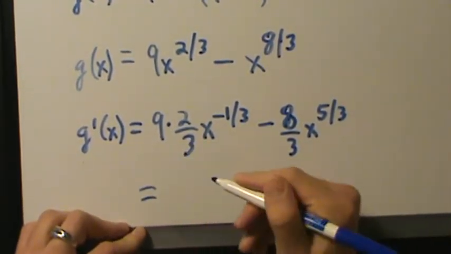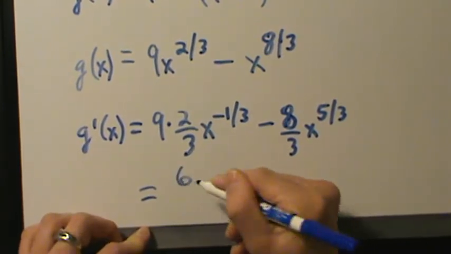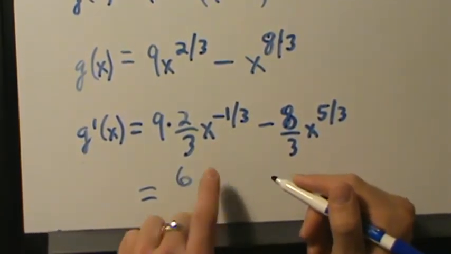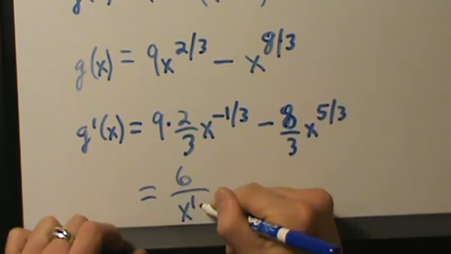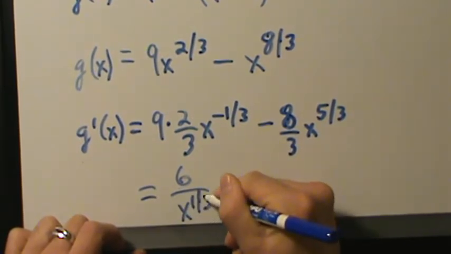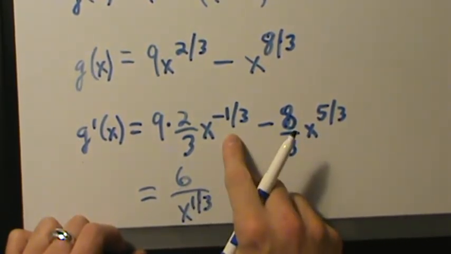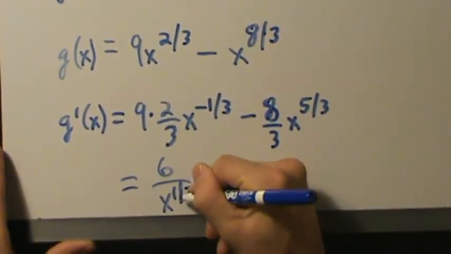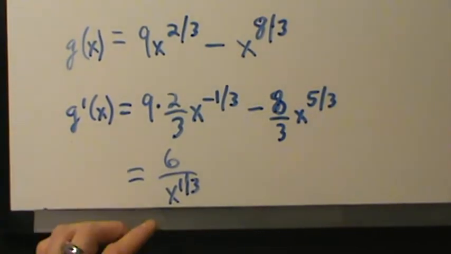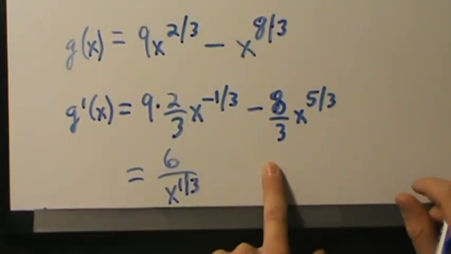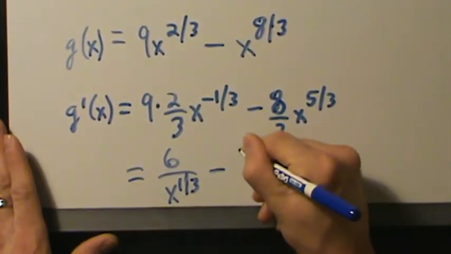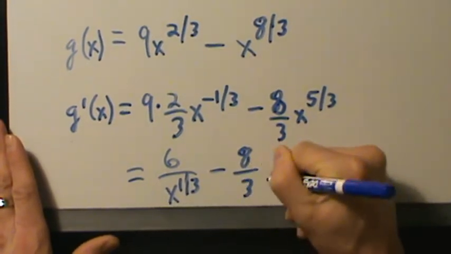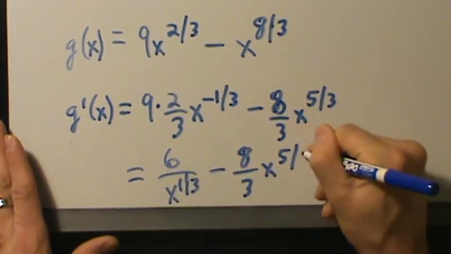So this is 6, and then let's write it like this, x to the negative 1/3. We can write that as x to the 1/3 with that on the bottom. Okay, so remember, negative exponents, if they're on top, you push them on the bottom. Okay, so also just an algebra thing there. Alright, and then minus 8/3 x to the 5/3.